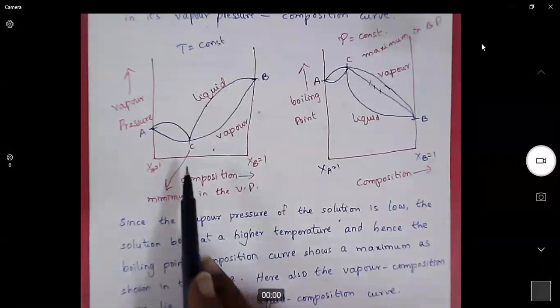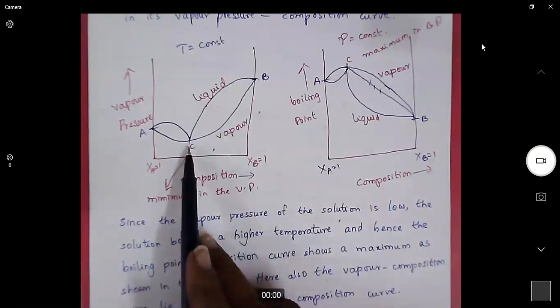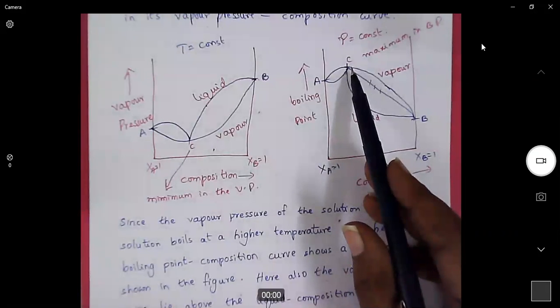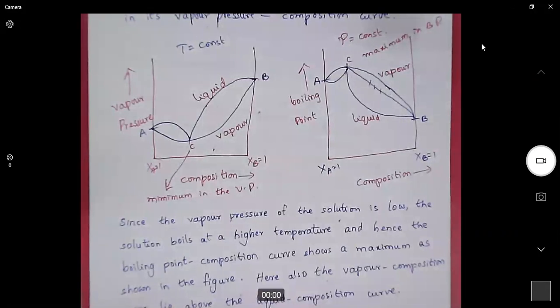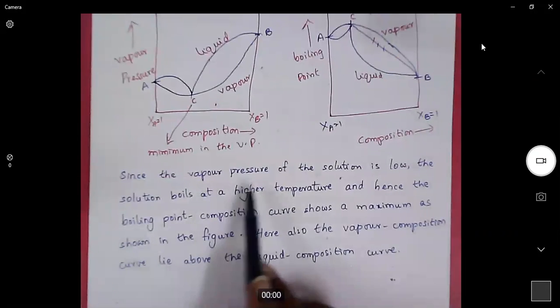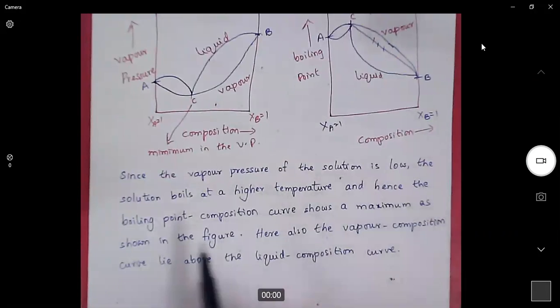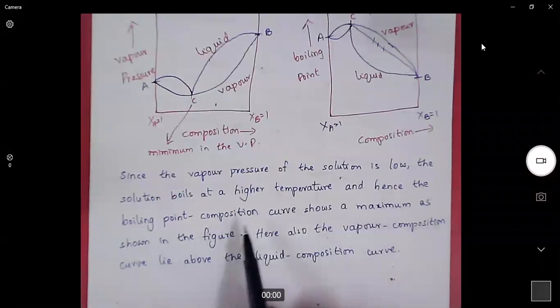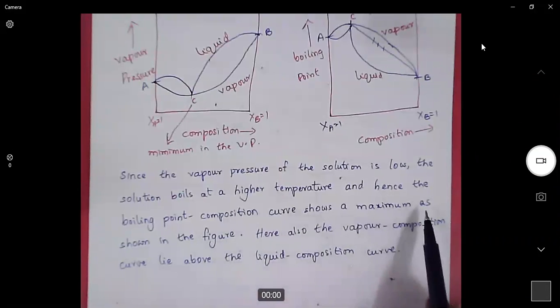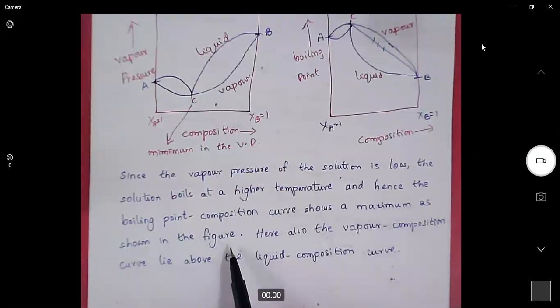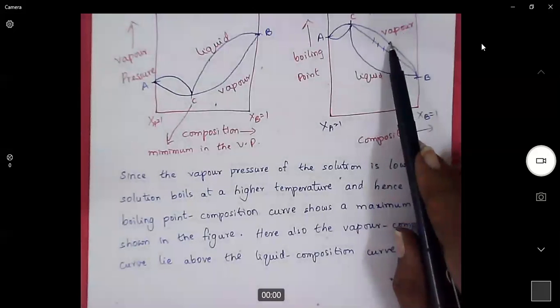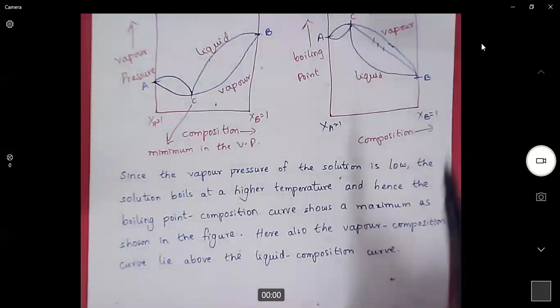Since the mixture is having a minimum in the vapor pressure, the mixture will boil at a maximum temperature. Since the vapor pressure of the solution is low, the solution boils at a higher temperature, and hence the boiling point composition curve shows a maximum as shown in the figure. Here also the vapor pressure composition curve lies above the liquid composition curve.